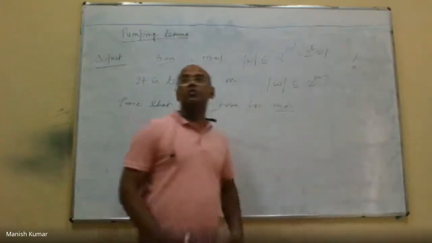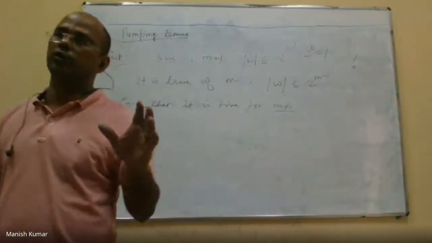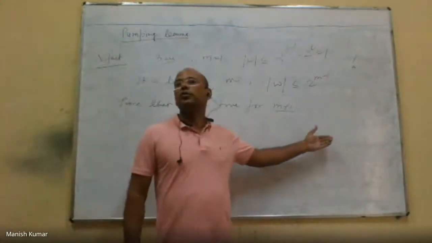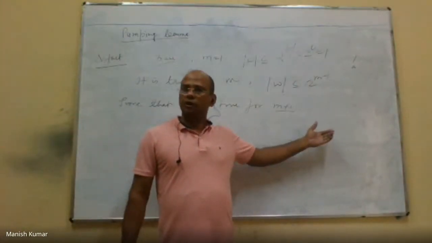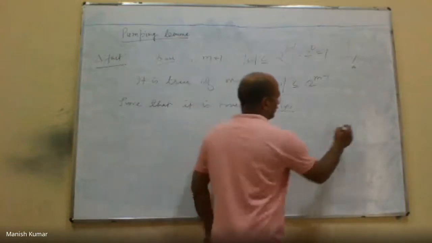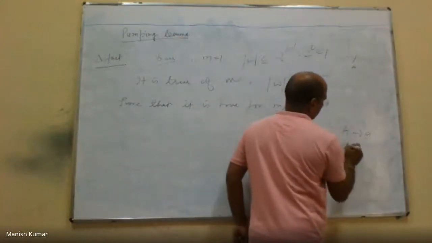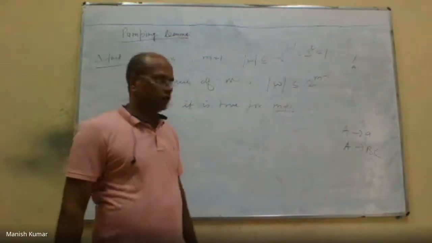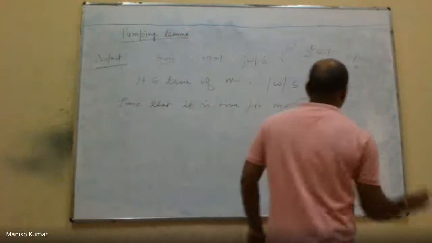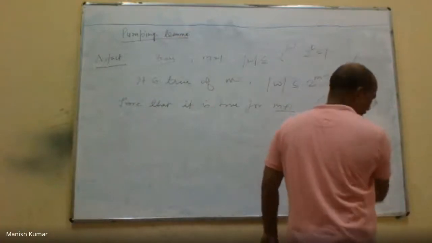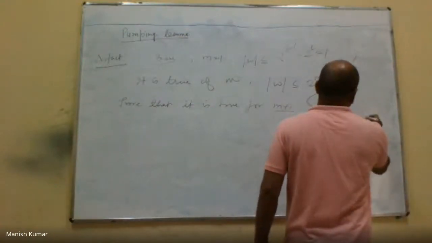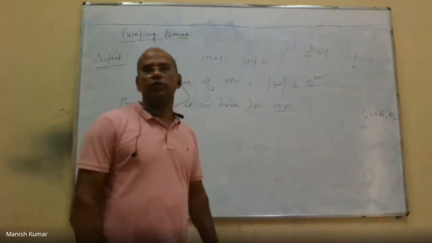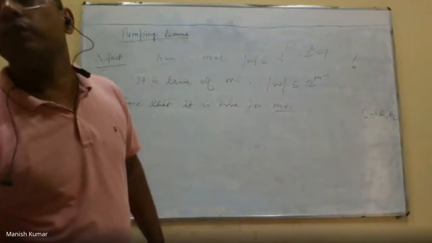Since the grammar is already in Chomsky normal form, you can have production rules of either of these two types.